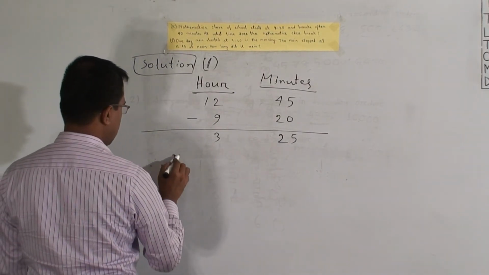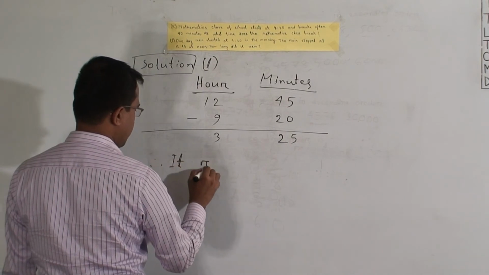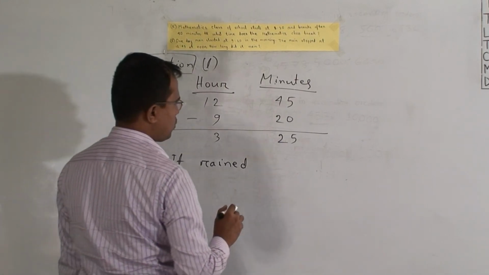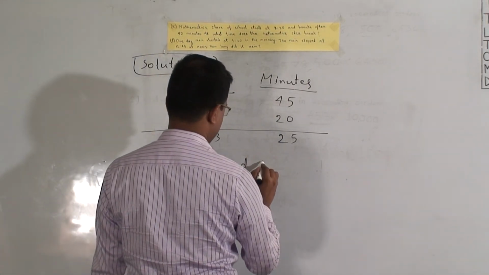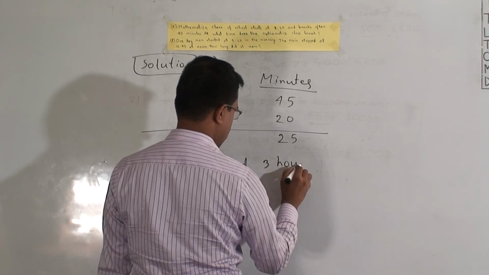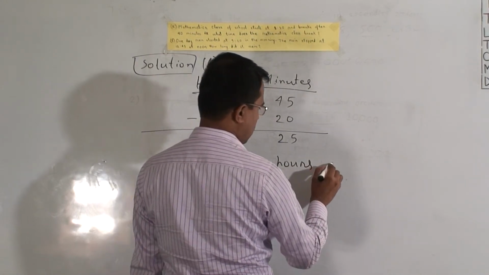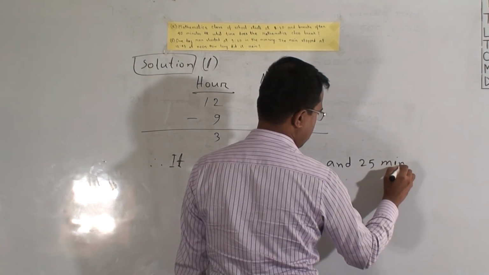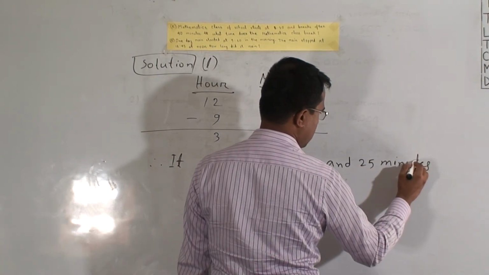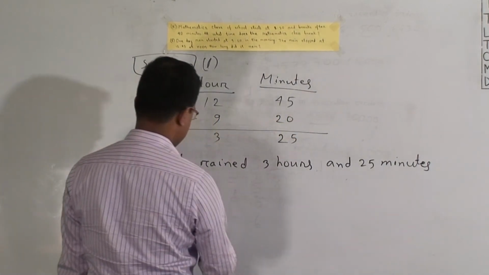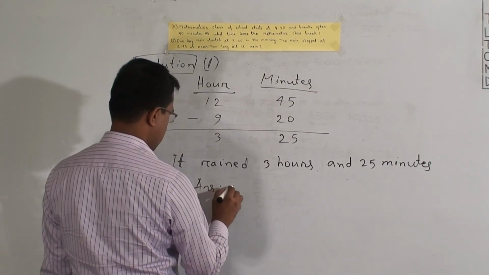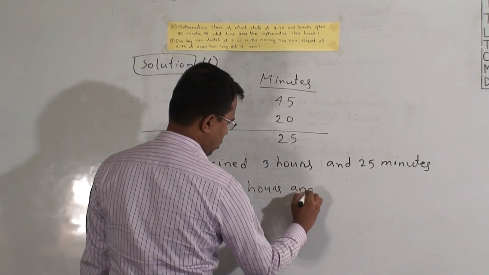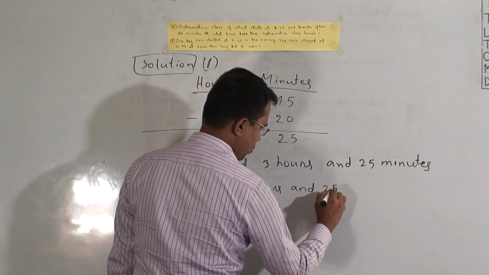Therefore, it rained 3 hours and 25 minutes. Answer: 3 hours and 25 minutes.